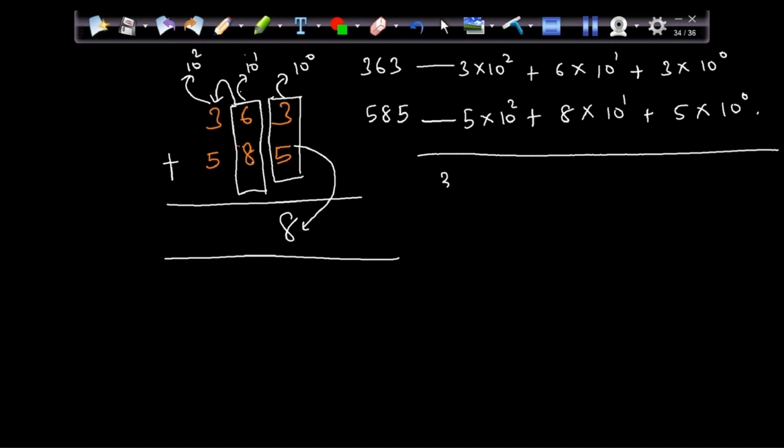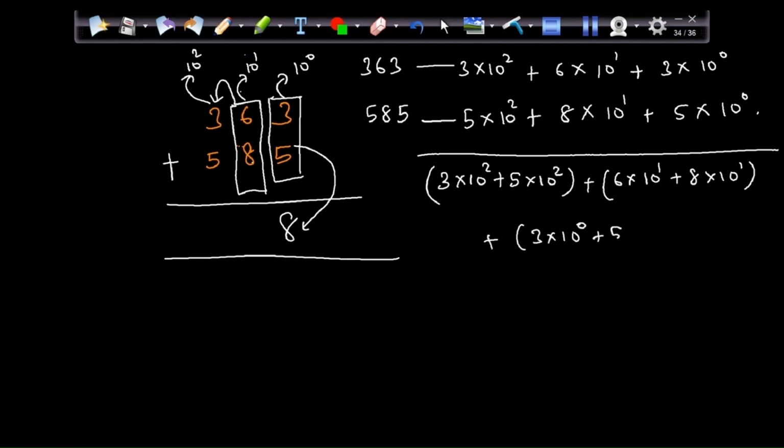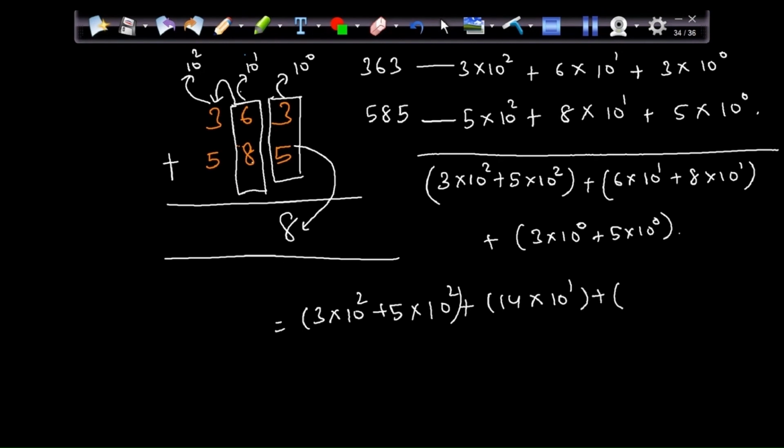Now when you add these two numbers, in actuality what is happening is 3 into 10 to the power 2 plus 5 into 10 to the power 2, plus 6 into 10 power 1 plus 8 into 10 power 1 plus 3 into 10 power 0 plus 5 into 10 power 0. 3 into 10 power 2 plus 5 into 10 power 2 plus 6 plus 8 is nothing but 14 into 10 power 1 plus 3 into 10 power 0 plus 5 into 10 power 0.